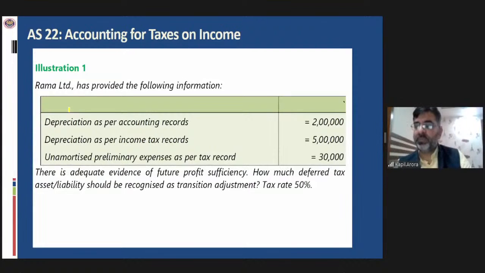So whenever you have this kind of situation, always consider whether you have enough profit in the future or not. If you do not have enough profit in the future, it will be difficult for you to recognize the deferred tax asset. Now, first tell me what should be the deferred tax in this particular case.